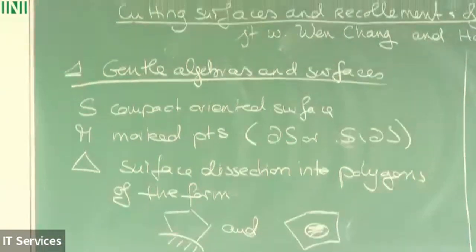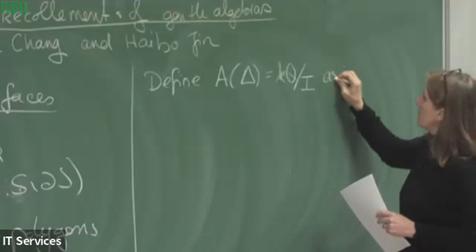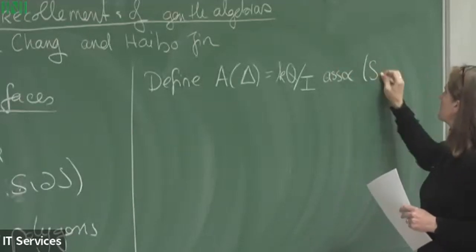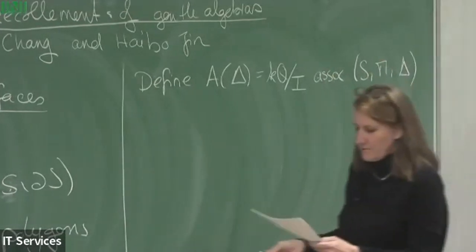From this, we can define an algebra. We call it A_Δ, associated to that surface dissection. It's given by quiver and relations, and it's associated to this surface datum S, M and Δ as follows.